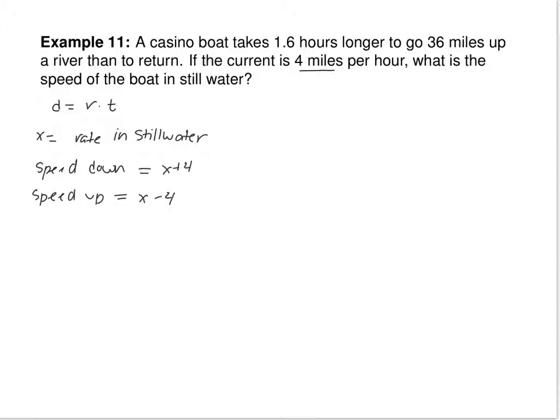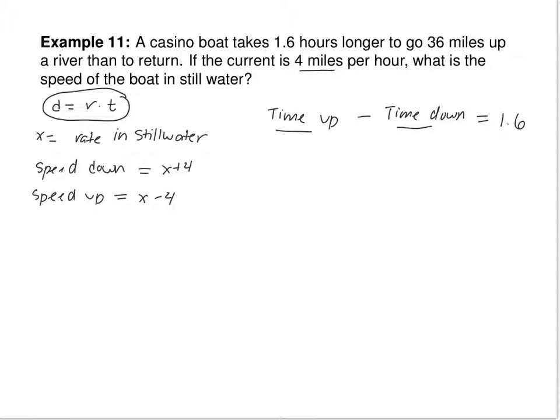The other thing we know is that the time up minus the time down, as in the difference between them, is what? 1.6. This one's a lot to put together. Because we have things that involve time, I have to solve this equation for time.